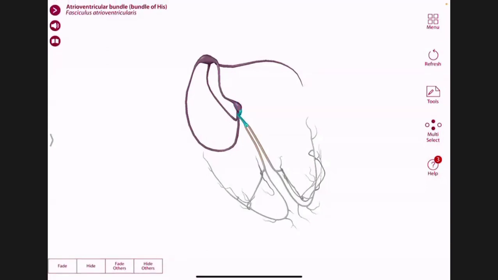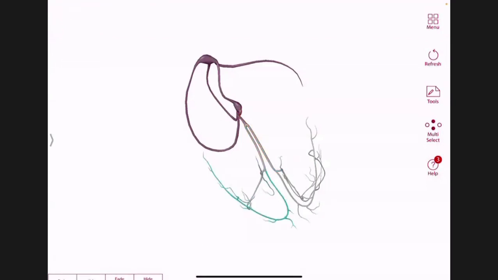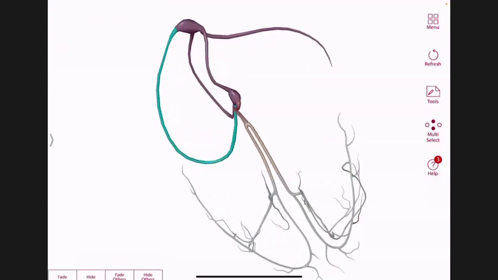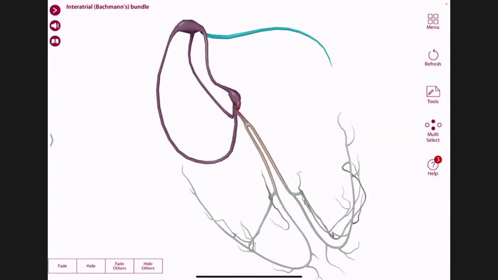This is the atrioventricular bundle. From AV node, it enters into the septum. Then this is the left branch, and this is the right branch. And then these are the Purkinje fibers, left and right Purkinje fibers. And this is the internodal pathway, going to the left atria. Okay, so these are the internodal pathways.